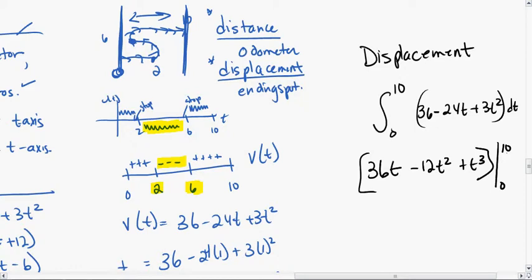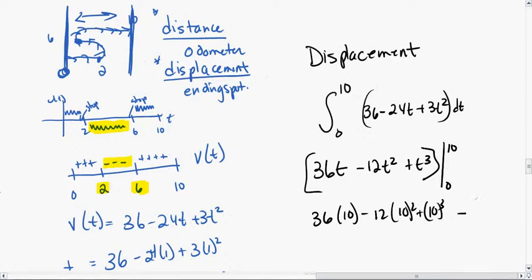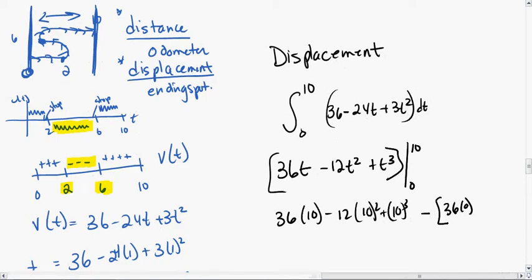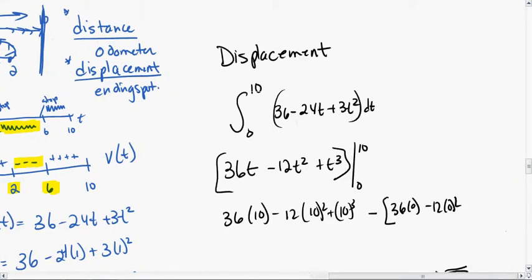When you plug in 10 for t, and plug in 0 for t, you will end up with 160 meters as your displacement.